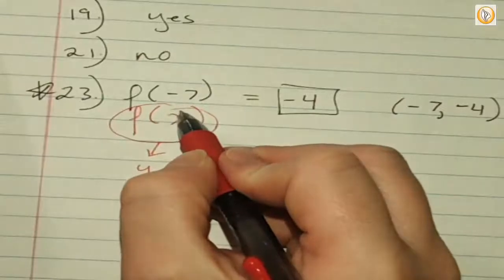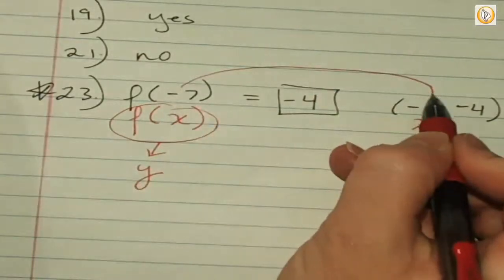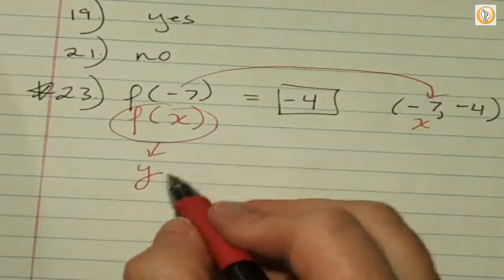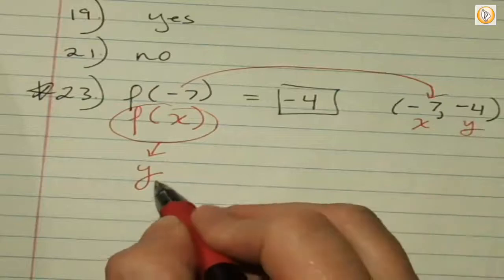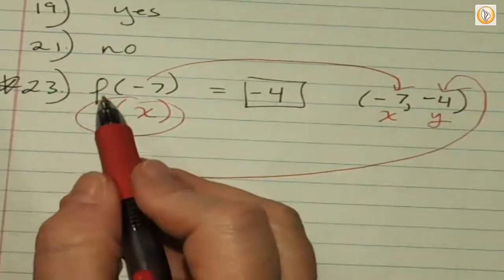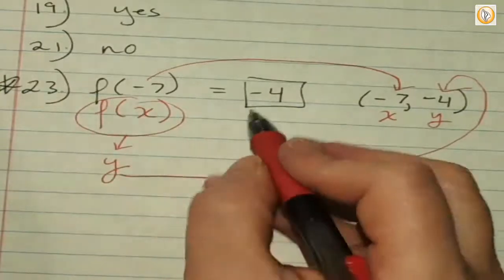That -7 is x. So if this whole thing is y, anytime they say f of -7, you're looking for the y.